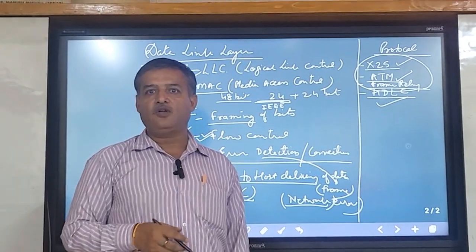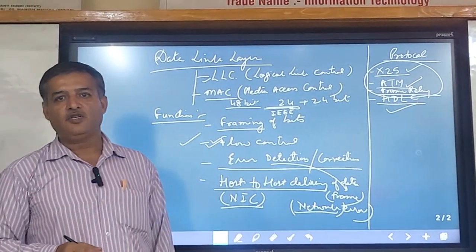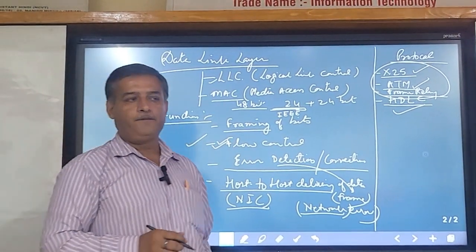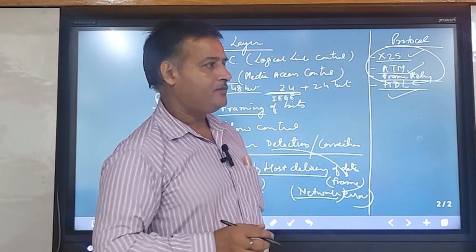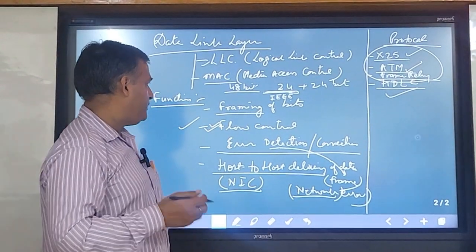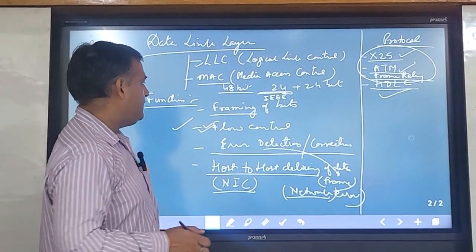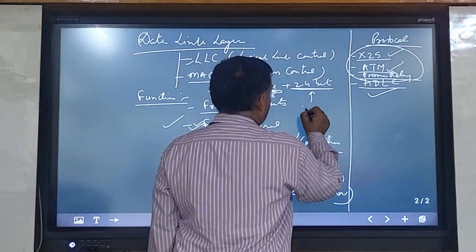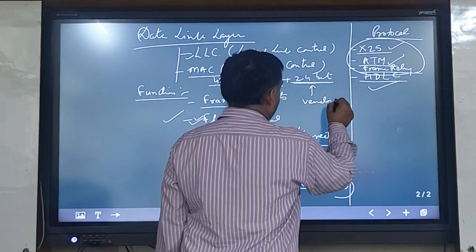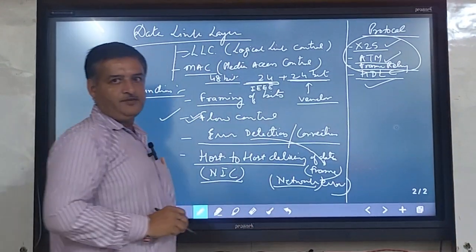This is the international organization responsible for the smooth conduct of communication devices and the manufacturing of communication devices. And the rest of the 24 bits are designated to the vendors, manufacturers.